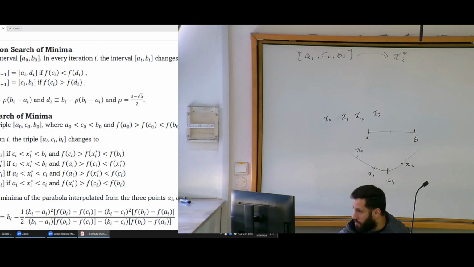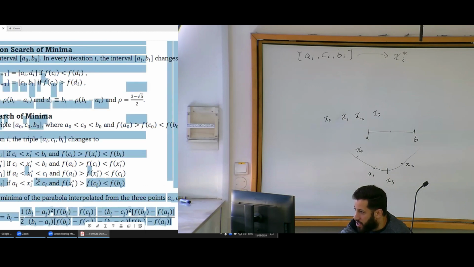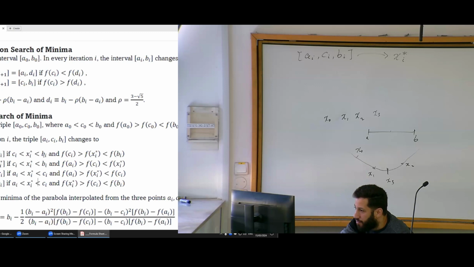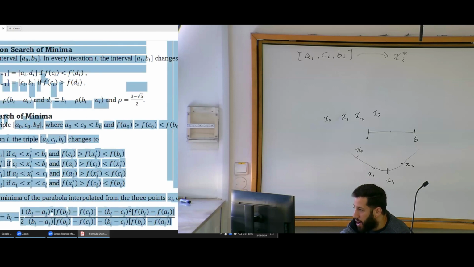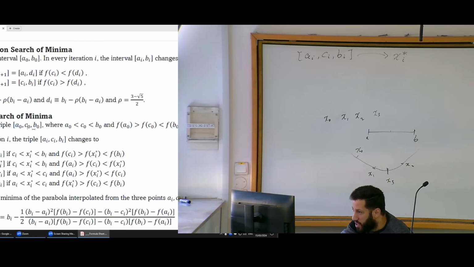And when I write down these four sections, these are the details of the determination that I will always get to some section A0, C0, B0, such that C0 is between A0 and B0, and the function at C0 is lower than the function at the ends of that section.